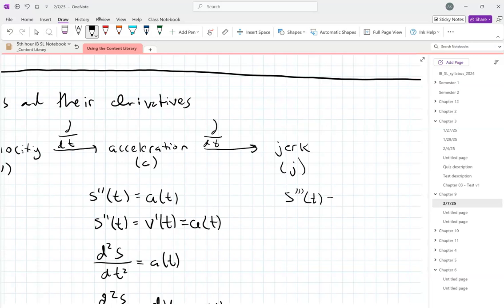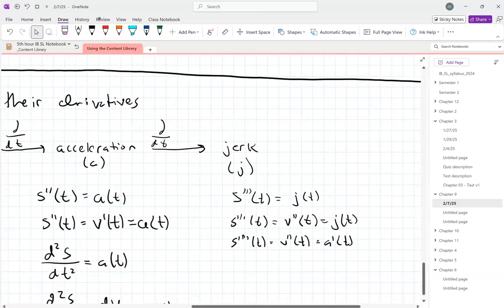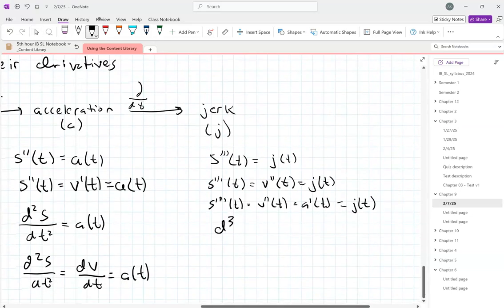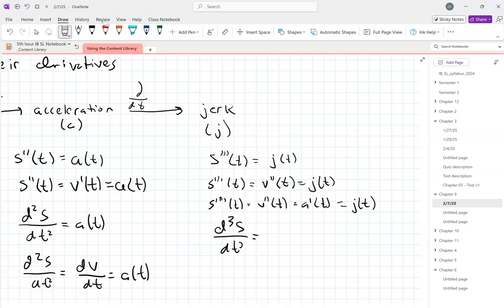So we could say the third derivative of position is jerk, or you could say the third derivative of position is the second derivative of velocity, which is the first derivative of acceleration, which is jerk. Or you could say d cubed s dt cubed is jerk.